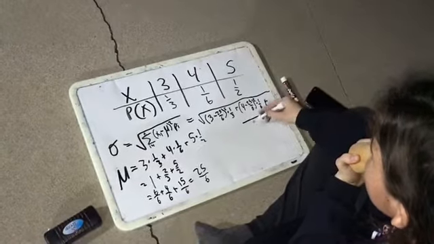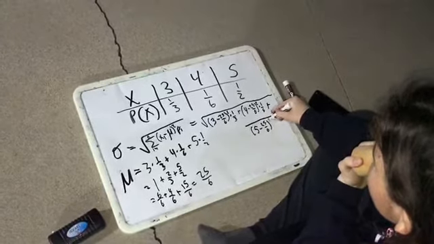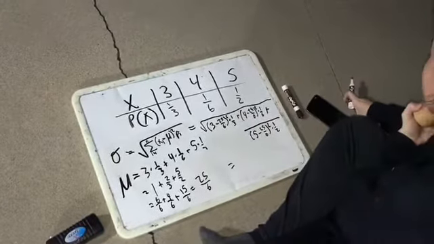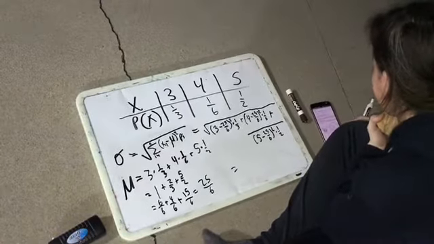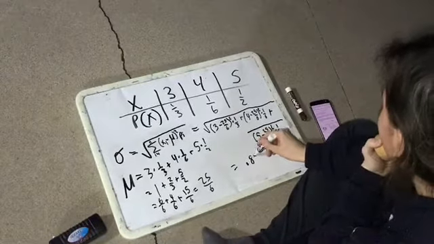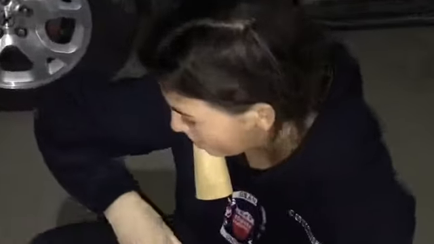So it's going to be plus 5 minus 25/6 squared times 1/2. And overall, after using our calculator to find out what that equals, we find that it equals 0.8975. And yeah, that's it. Easy peasy. Thank you for calling.